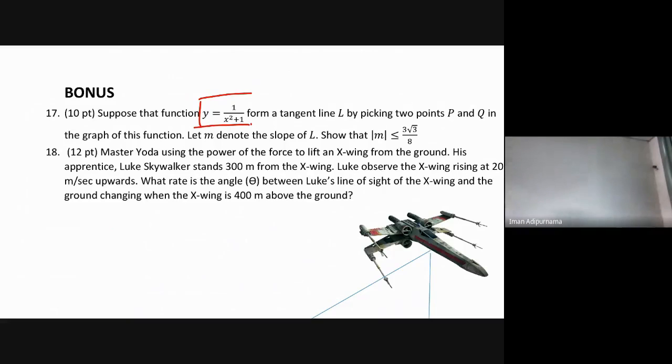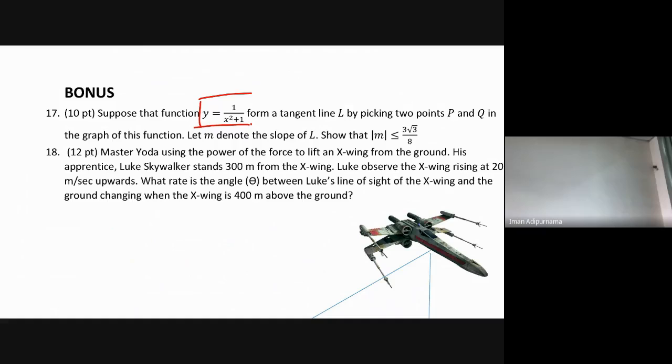I give these 2 as a bonus because actually number 1 is the most difficult problem if you don't understand what it means. Number 2 bonus, actually it's not that difficult, but it's quite a long story, right?